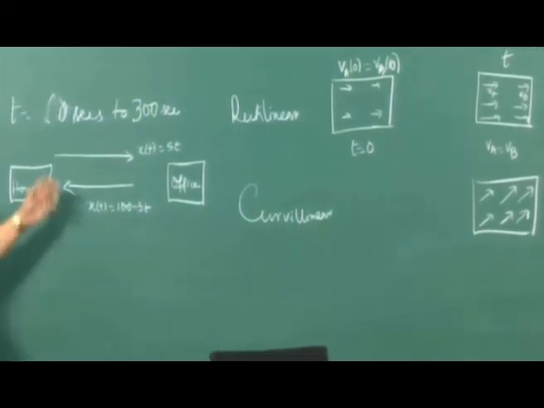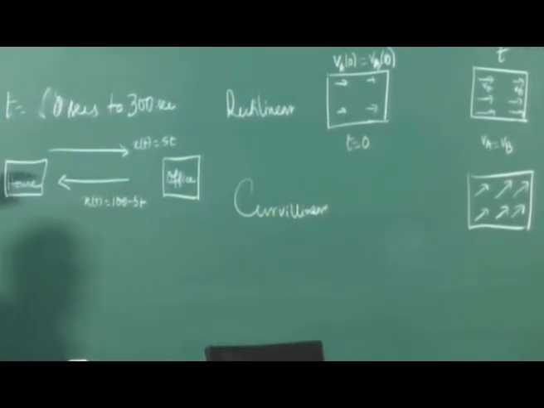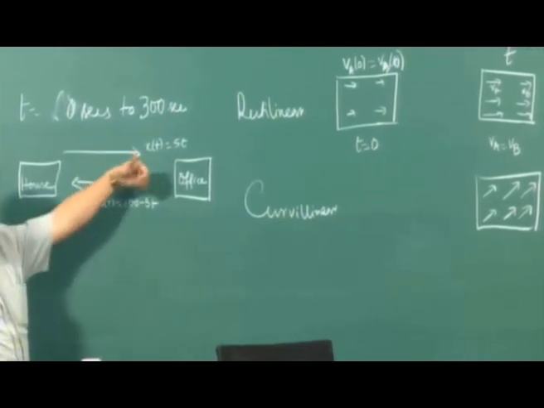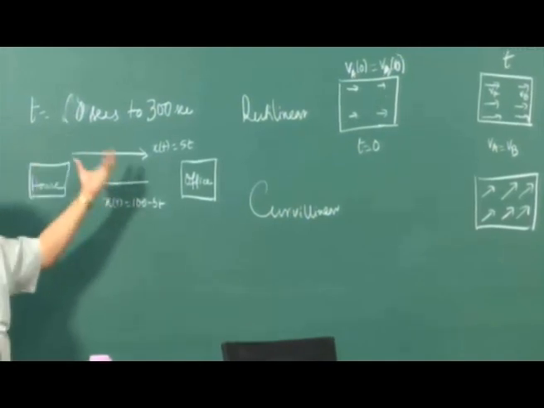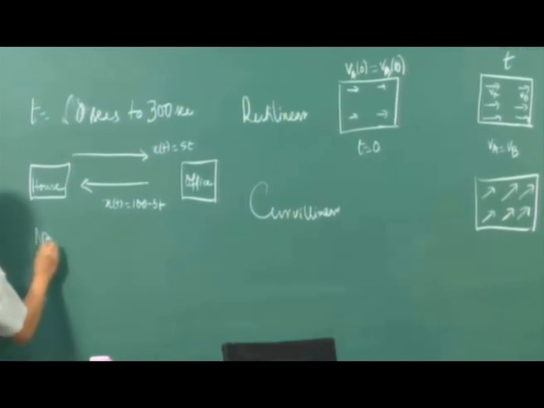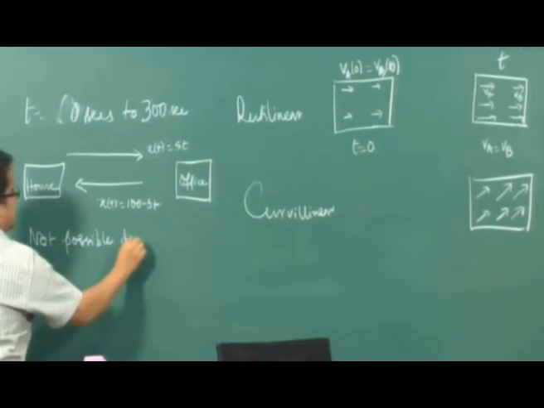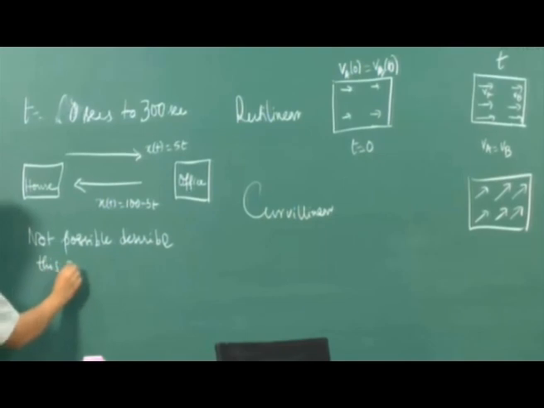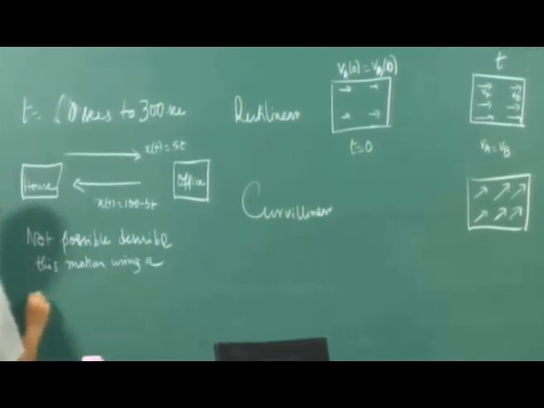So you cannot describe this kind of motion, where in the first part of the time you are moving away from your origin and in the next part of the time you are moving towards the origin, by a single functional relationship. It is not possible to describe this motion using a single function.